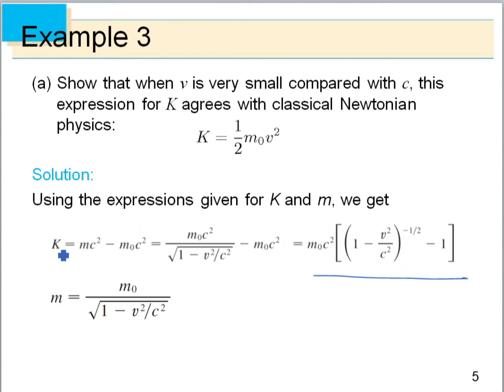So now we have substituted the expression for the relativity mass m into the expression of k, and after arranging the terms, we get this expression here on the right. Now we would like to know if v is very small. If v is very small, can we find an approximation for this expression?